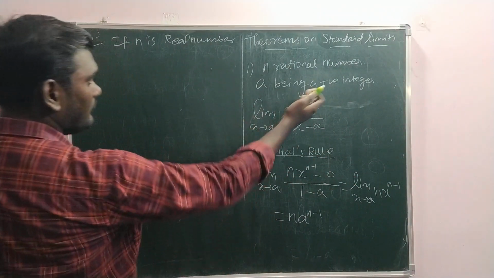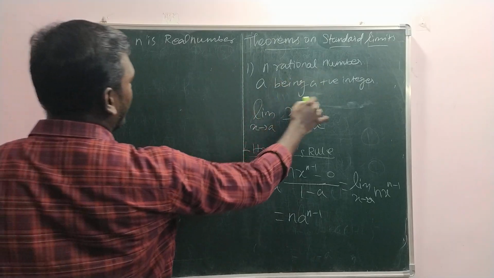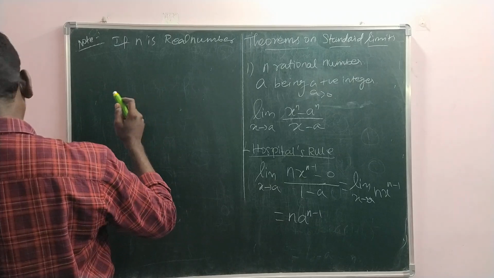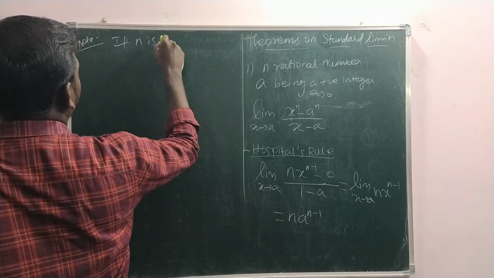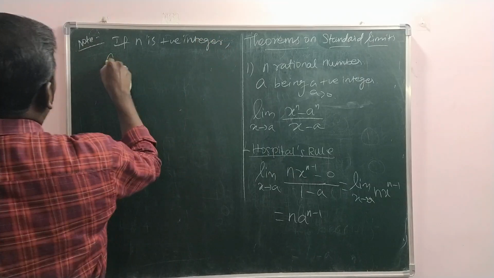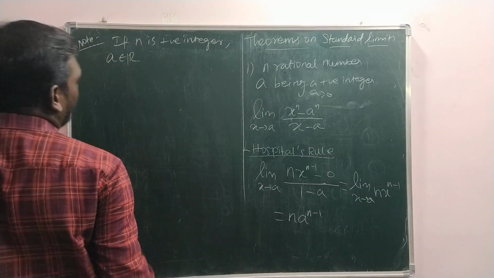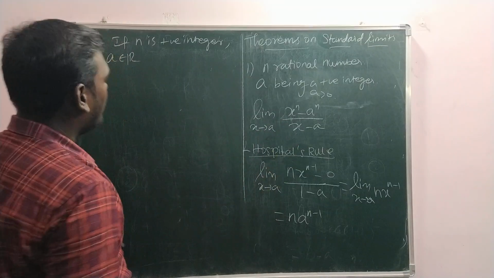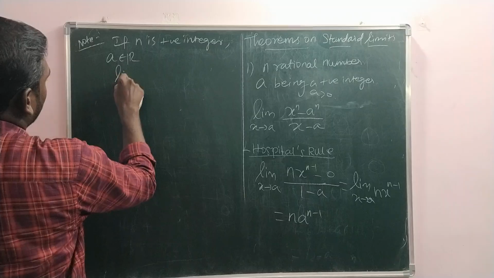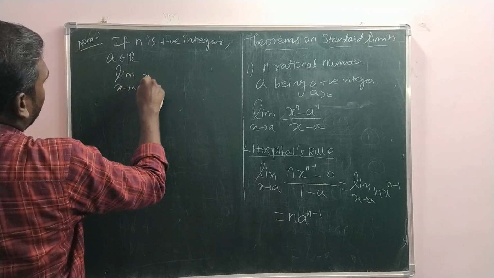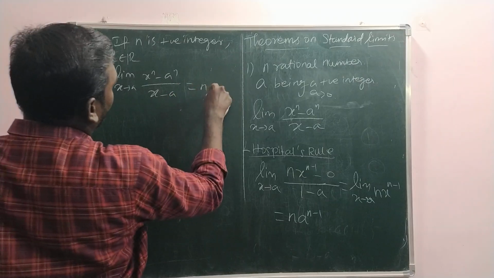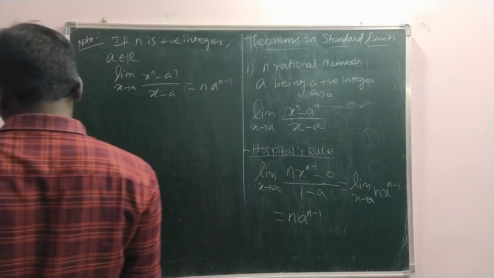Here a being a positive integer means a is greater than 0. And another one: if n is a positive integer and for all a belonging to the real numbers, we will get the same result. Limit x tends to a, (x^n - a^n) / (x - a) equals n a^(n-1).